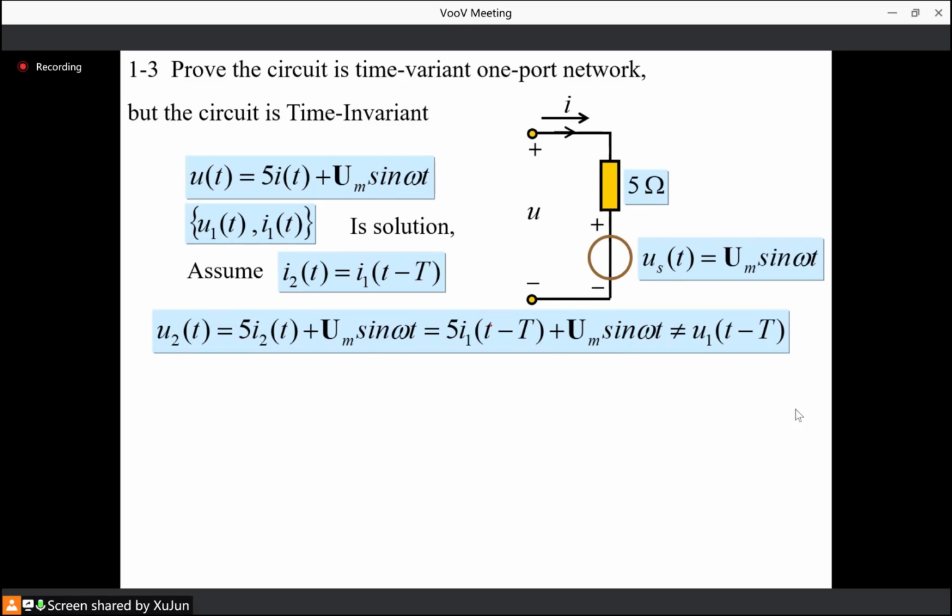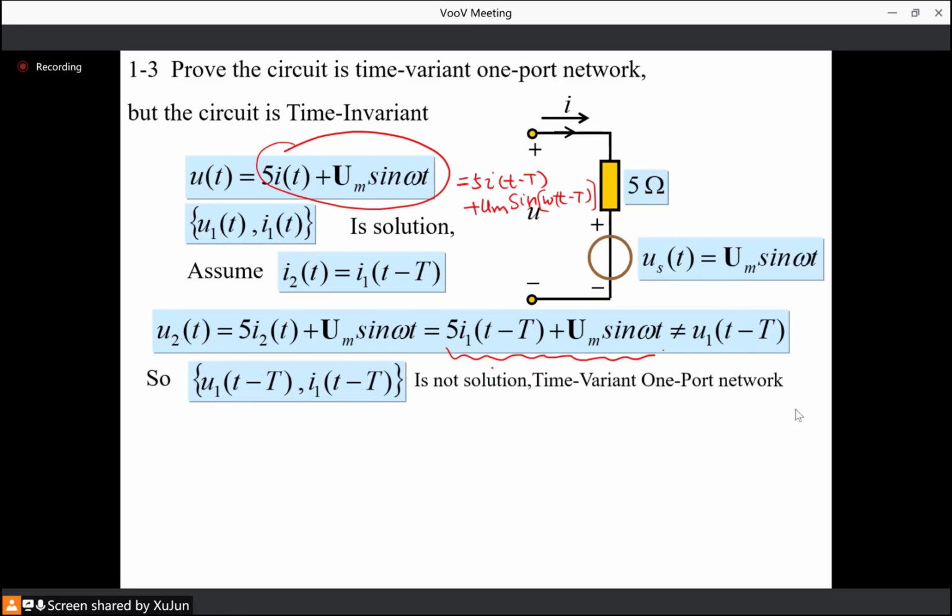I2 is I1 delay, so this expression is not equal to this expression just delayed. If this expression were delayed, it would be 5I(t minus tau) plus Um sin omega (t minus tau). This is U1 delay. So U2(t) is not equal to the U1 delay. So this one-port network is time varying.